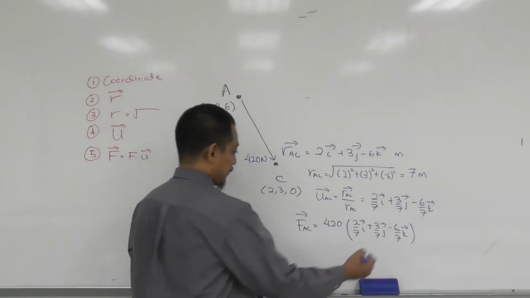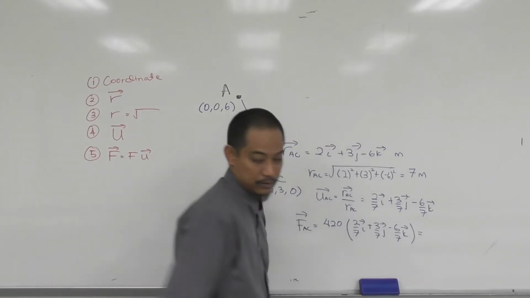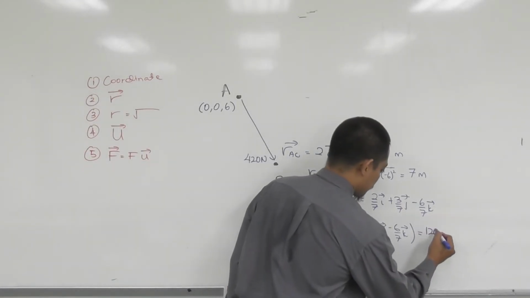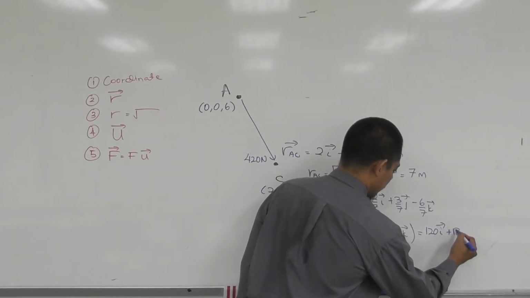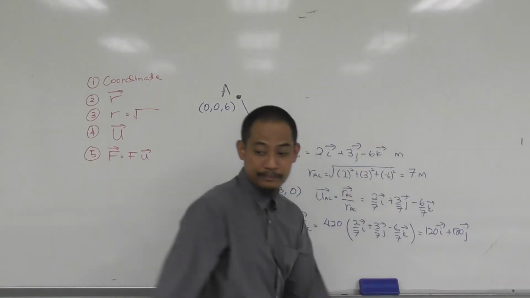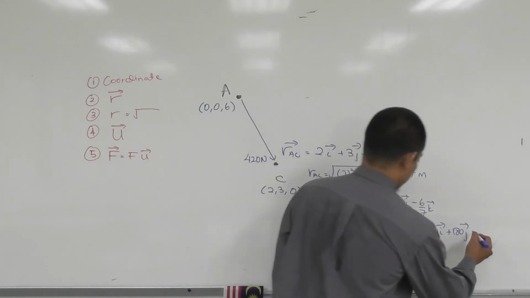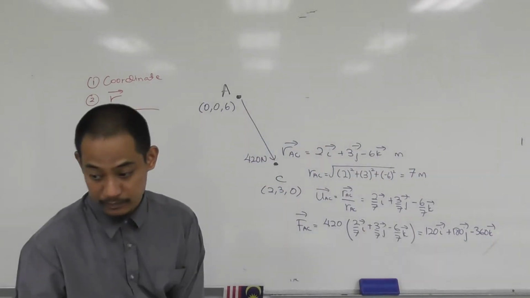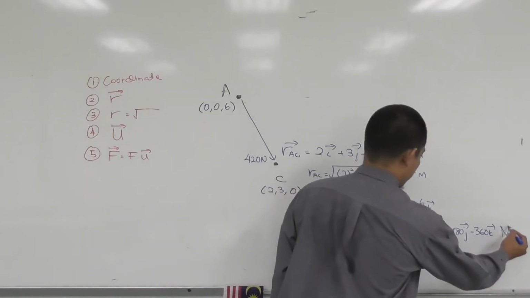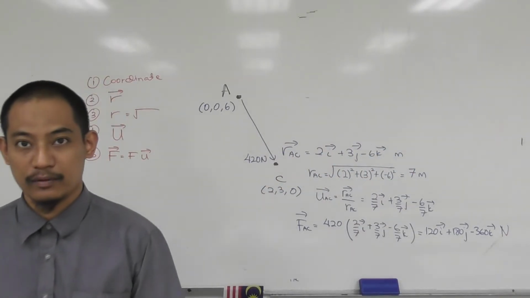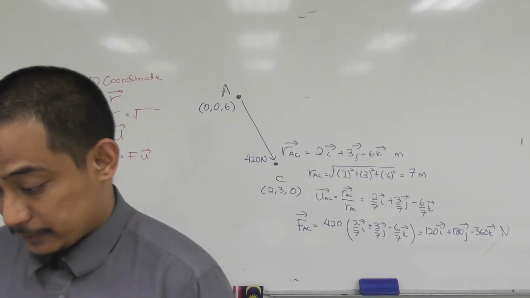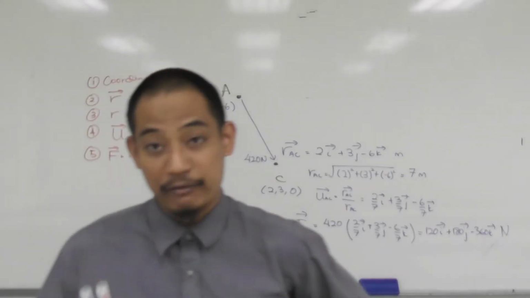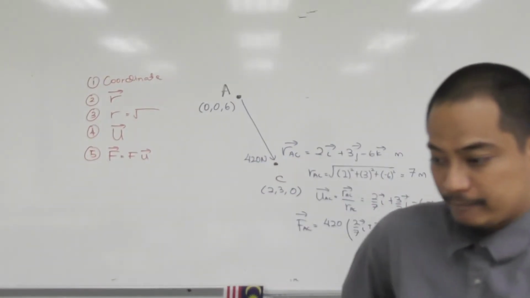And you will get the value there. Right? The value is 120i plus 180j minus 360k Newton. Okay, so that's how you get the vector for FC or FAC, right?